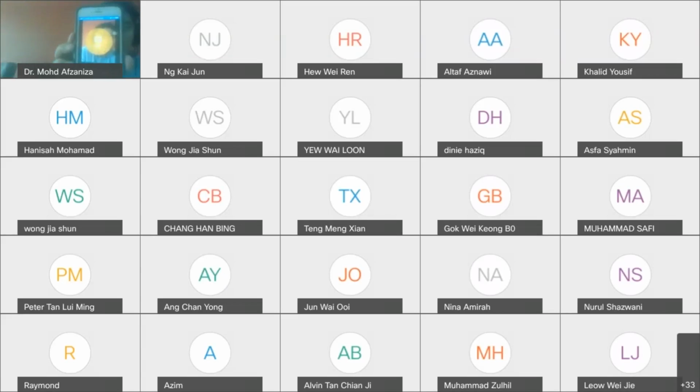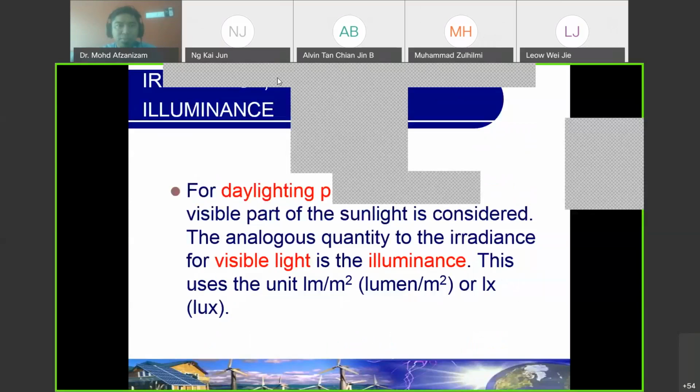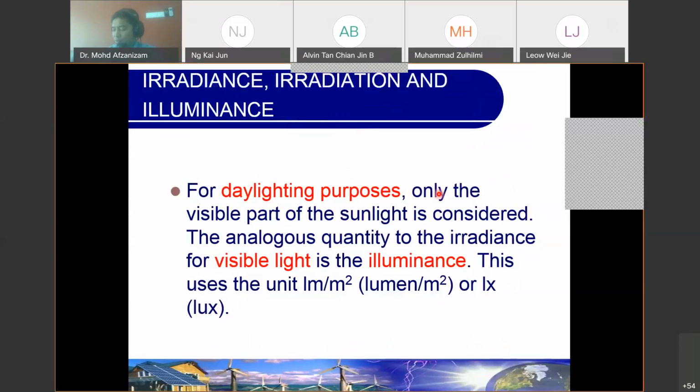So this is the Lux Meter. You can install it via your phone to check the illuminance or lux in your house. Right now, 241 lux means considerably sufficient lighting for today's class.